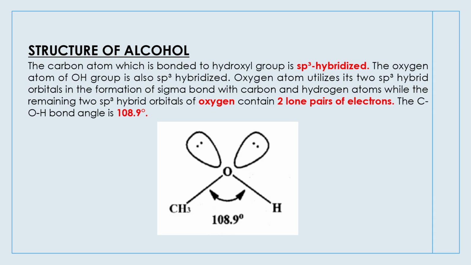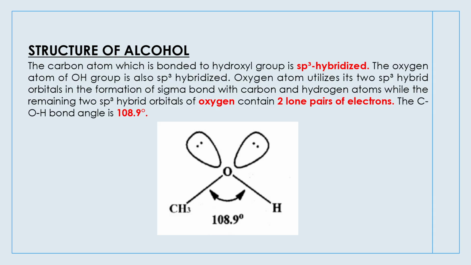you get full marks. Make sure that you draw the hybrid structure or the orbital structure of the compound that is asked in the question. For alcohols, the lone pairs of electrons must be drawn.